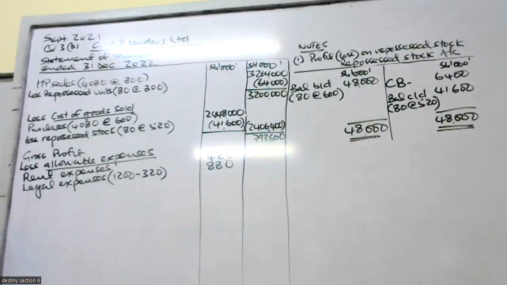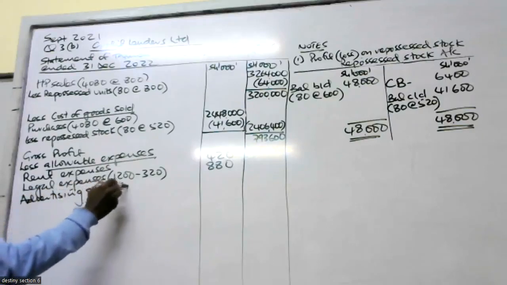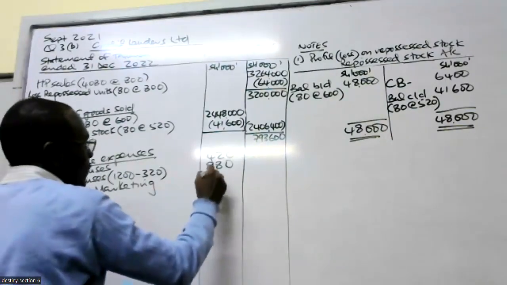Advertising and marketing is allowable. Advertising and marketing is 525.